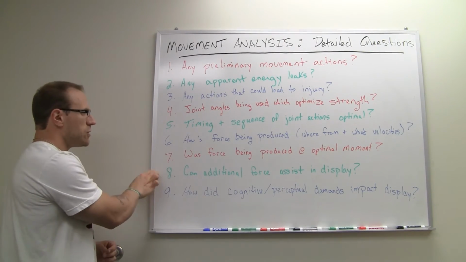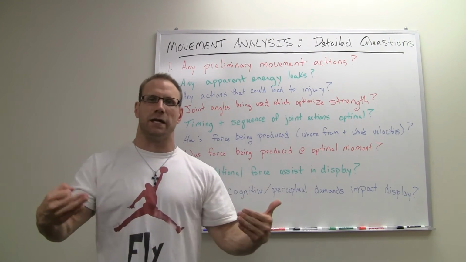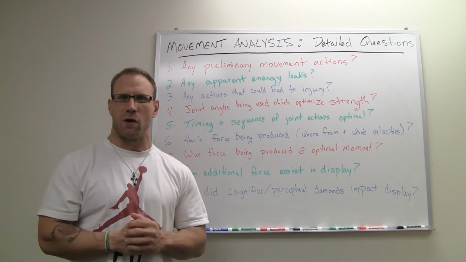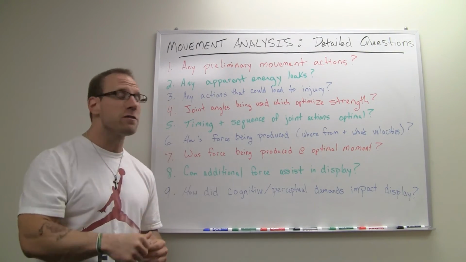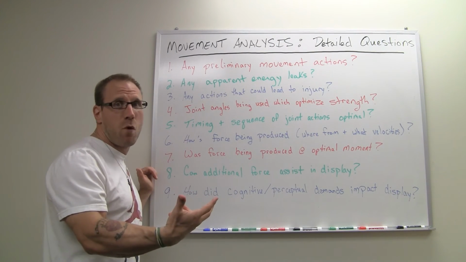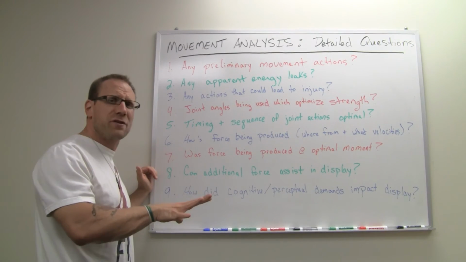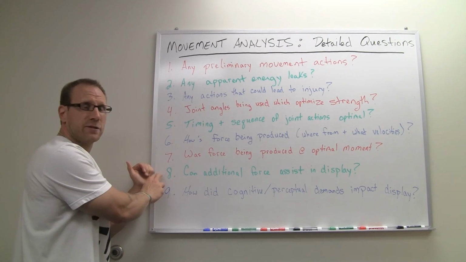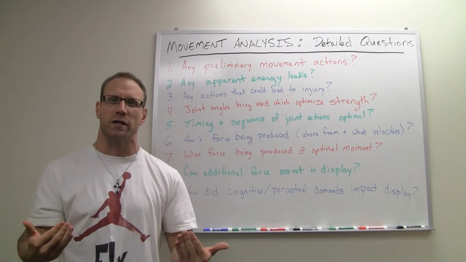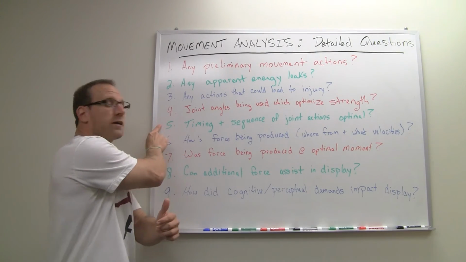Two more questions here. Number 8: can additional force assist in, or be produced to assist in, the displayed characteristics that we're seeing taking place? Another big key point is sometimes people think that we just want more force. That's not often vital. Sometimes it can be, but we've got to make that determination. Can additional force be produced in the action, and are we going to be able to use it based on our kinematic structure?